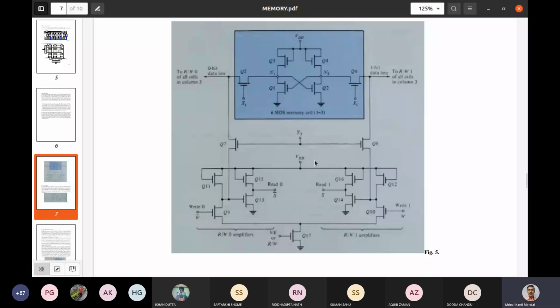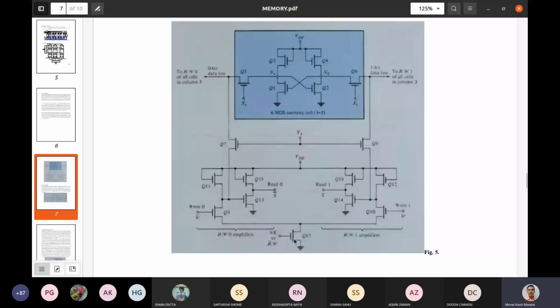So since read, that is S equal to 1, we can sense that 1 is written in this cell. Similarly, if we want to write 1 in this cell, then we first put 1 here, then we make it 1. So that means these two transistors are conducting. If it conducts, then this voltage will be low, and if this is low voltage, that means it is grounded like this.